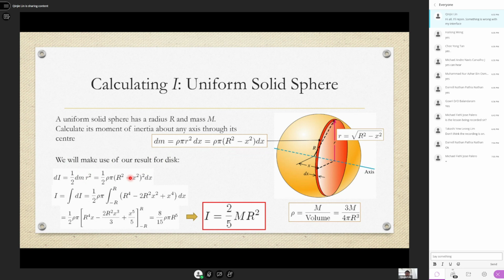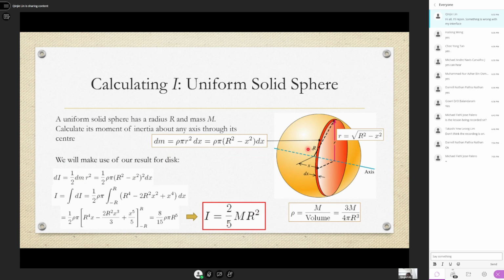If we replace it and then integrate, you will get an expression like this. It's not too complex: 2/5 mr squared. So this is the moment of inertia for a solid sphere.